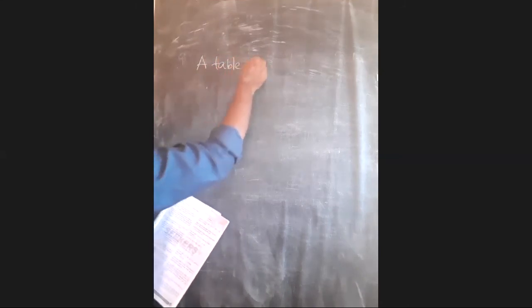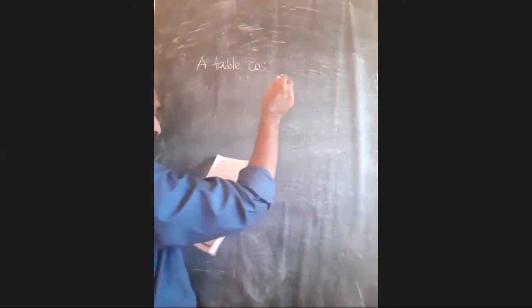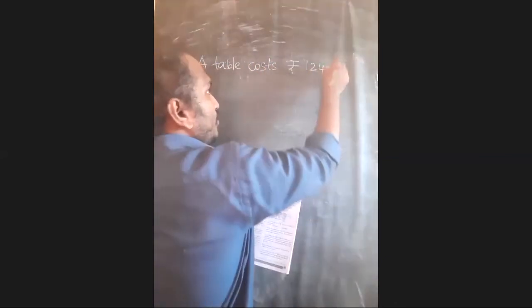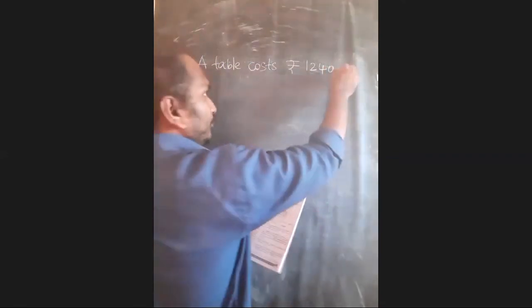So next question. A table costs rupees 1,240.